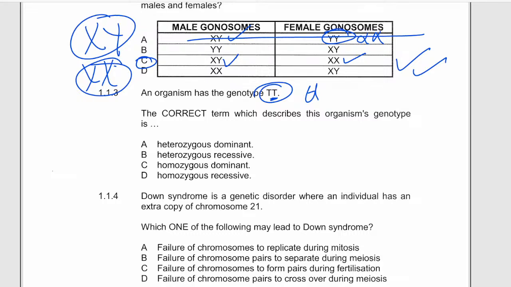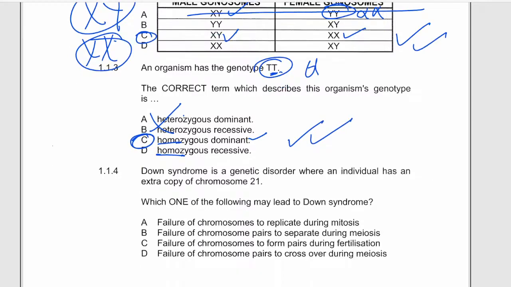Because it's dominant, the answer is supposed to start with the word homo. So I have homo and I have homo. So these ones are out already. So here, the first is homozygous because it's dominant, therefore C becomes the most correct answer. So you get your 2 marks there.